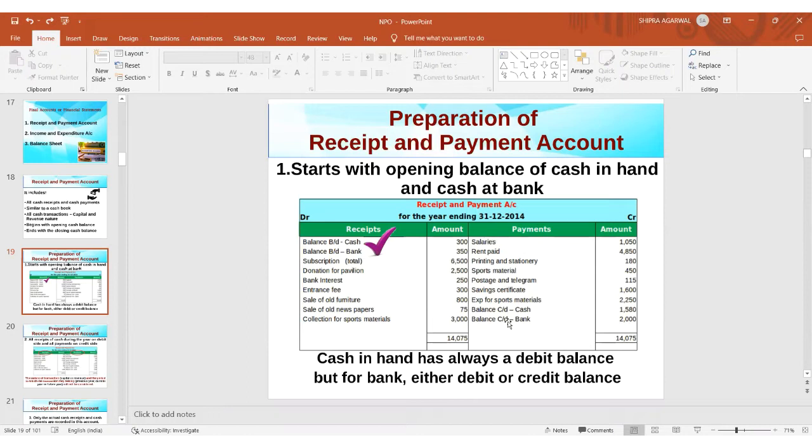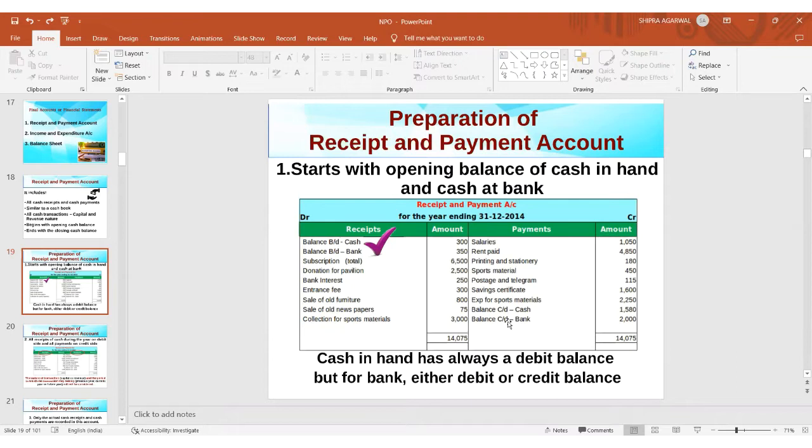But do remember that whenever we are talking about the opening or the closing balance, cash in hand will always have a debit balance. When I say the term debit balance, that means it will have a positive balance because it is an asset. But a bank can have either a debit balance or a credit balance, because bank can have a positive or a negative balance. When we say negative balance, it can be bank overdraft.